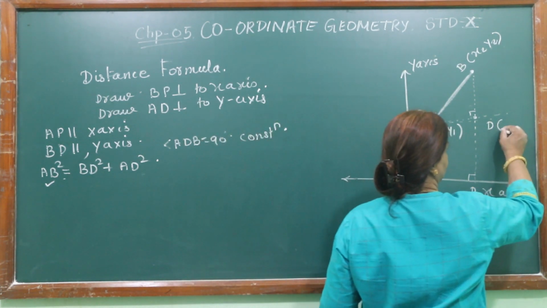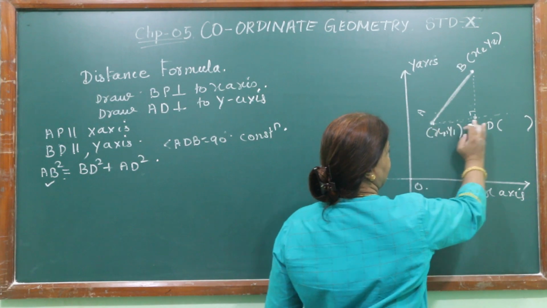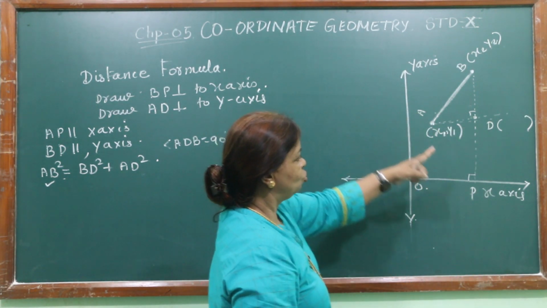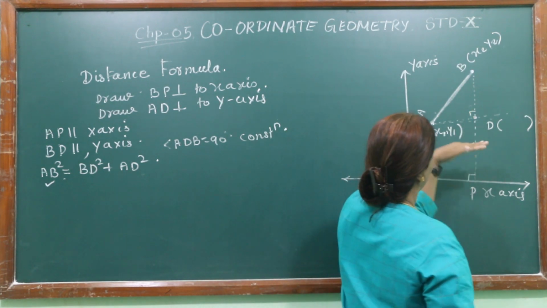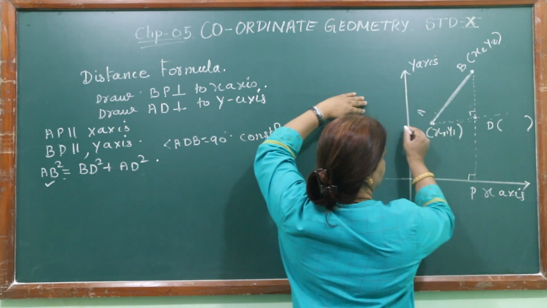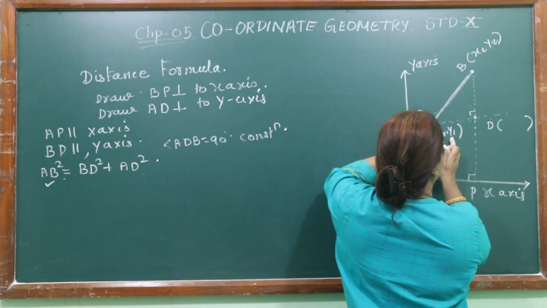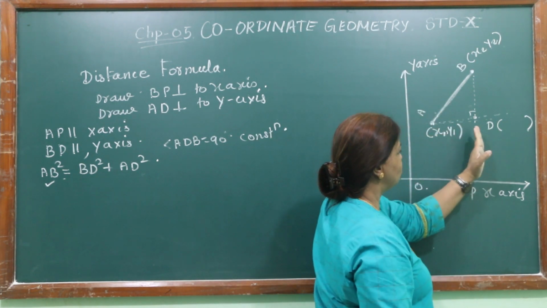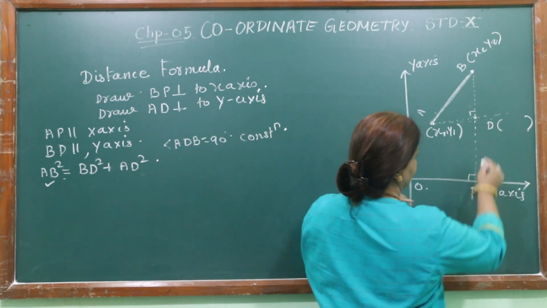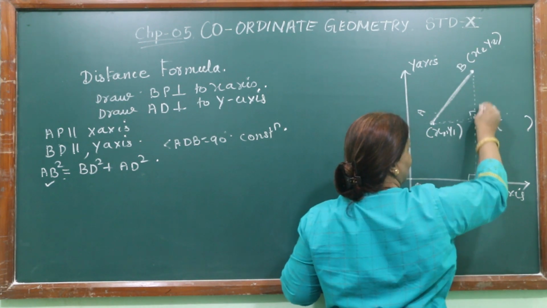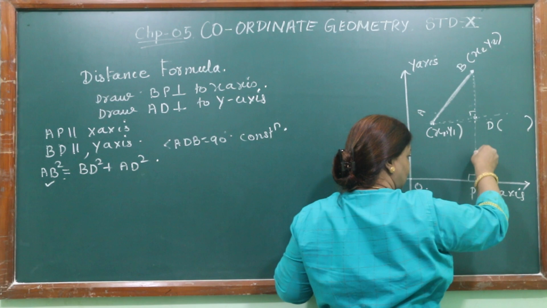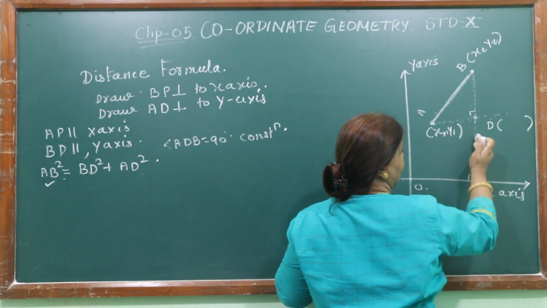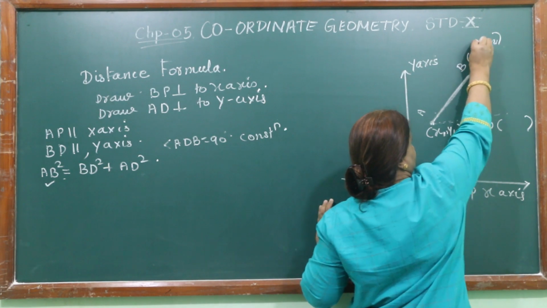See, children, AD is parallel to the x-axis. So its y coordinate is the y coordinate of A only. For point D, let us go for the x coordinate. Point D is on this line which is perpendicular to the x-axis, and this line's x coordinate is x2.